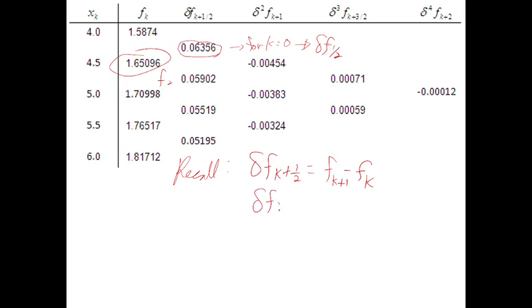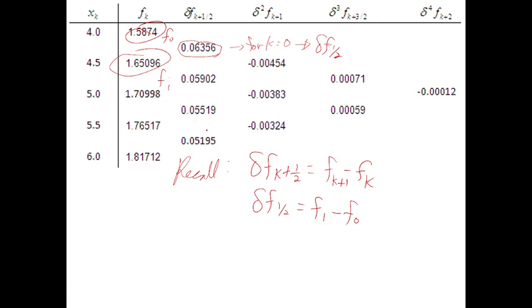If k is 0, that is f sub 1 half, so we get f sub 1 minus f sub 0. So we just subtract: 1.65096 minus 1.5874, we get 0.06356.